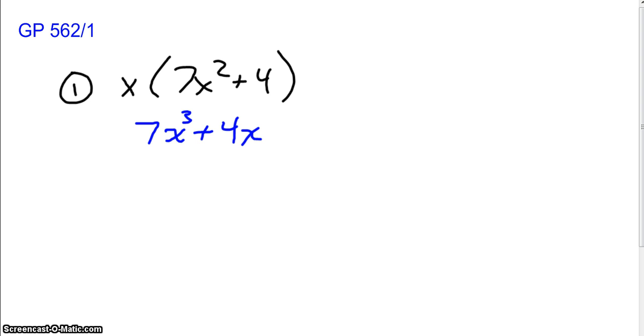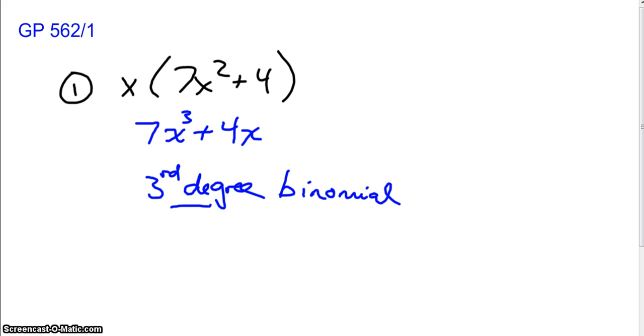Is it the 3rd degree? 3rd degree, what? Polynomial. It's a polynomial, and classified by number of terms, 2 terms, so we say 3rd degree. Binomial. Good. Binomial. This is by looking at the exponents, and then this is the number of terms.